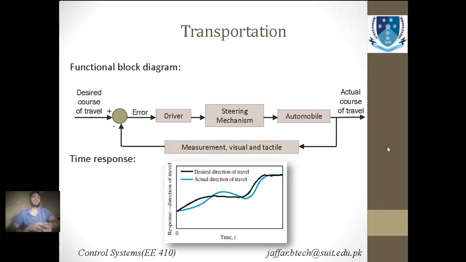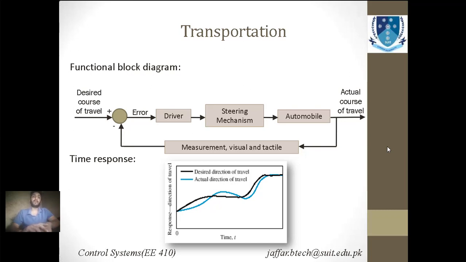Kindly look at the diagram over here. The blue line is showing the actual direction of travel, while the black line is the desired direction of travel. So you want to follow the desired direction of travel, and for that you need the driver, the steering mechanism, and some feedback that will measure whether you are going in the right direction or not.